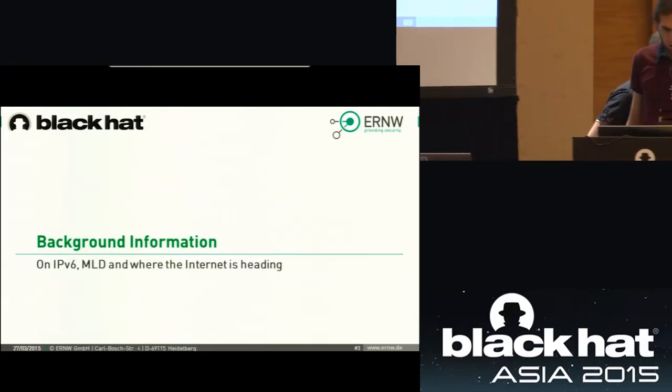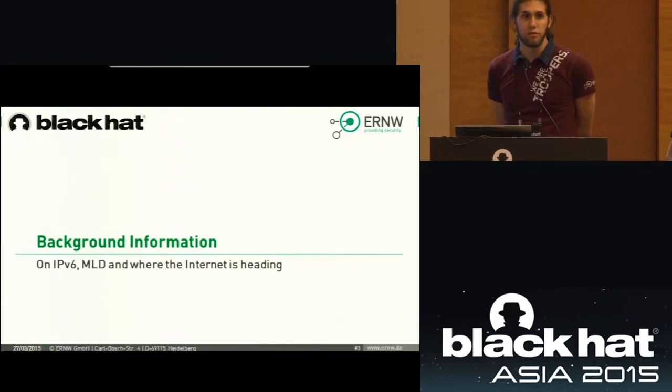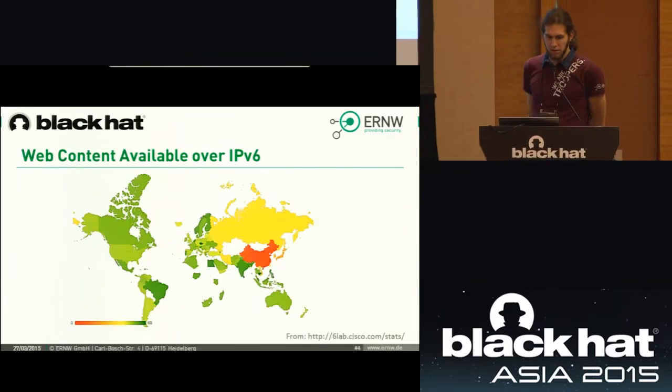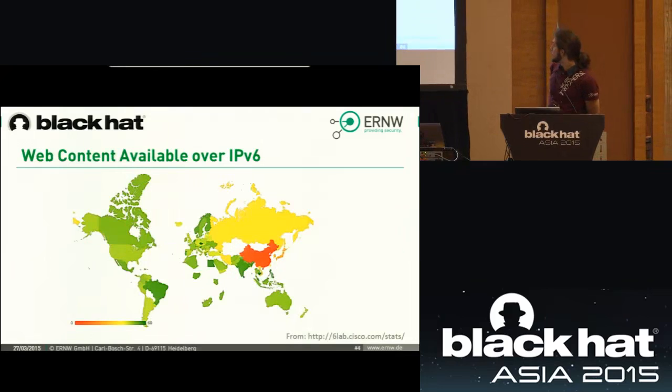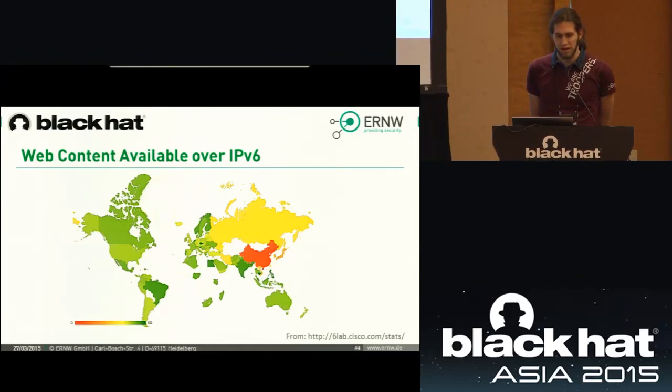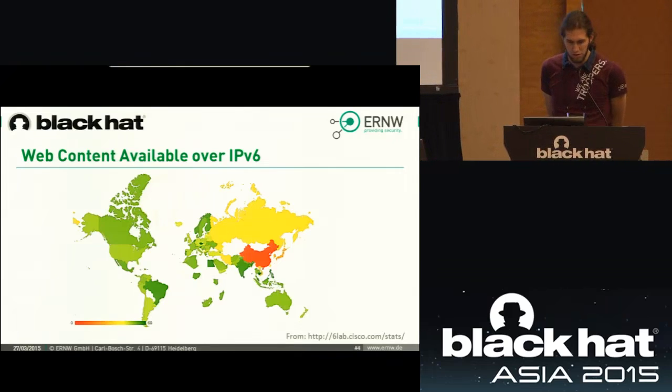So, okay, let's start with some background information about IPv6 and MLD. And first of all, let's take a quick look at the web content available over IPv6. We see strong growth in this, and more than half of the world is mostly available over IPv6, at least the web content.